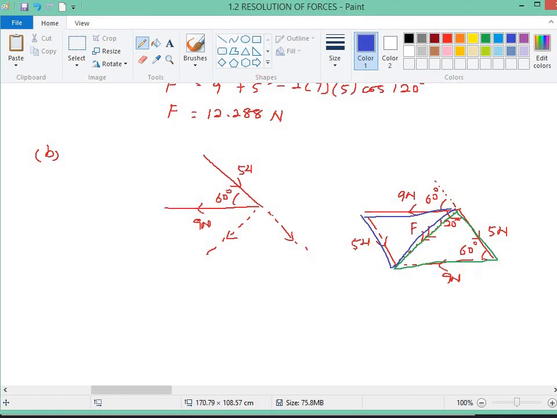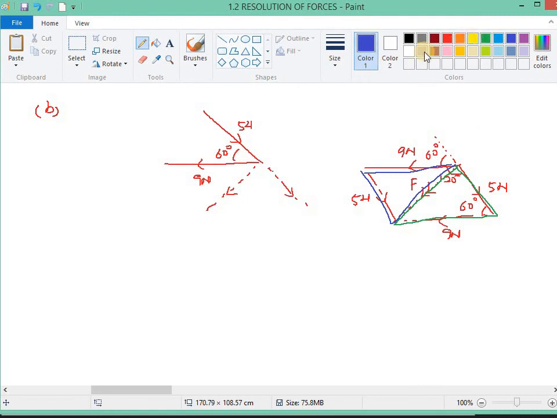Let's say I take the green one. So I get a triangle that looks like this. We want to calculate this F.